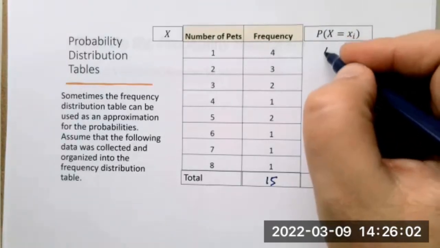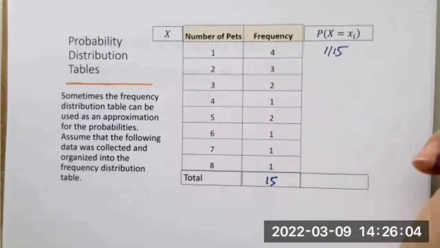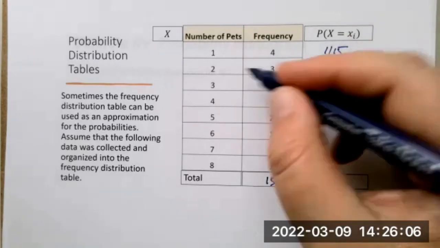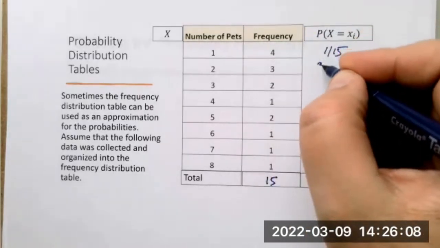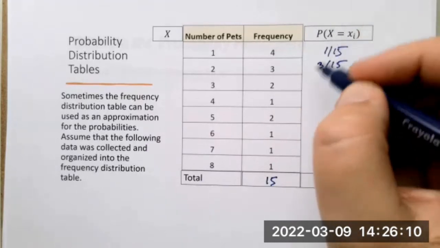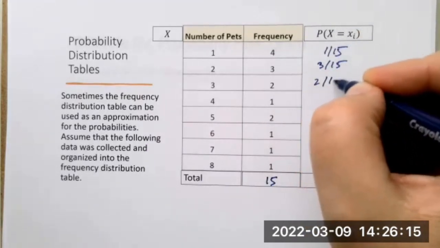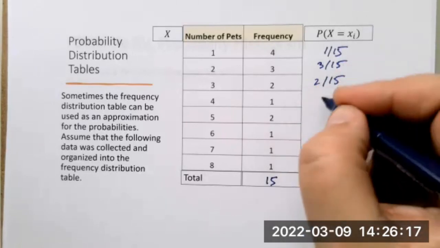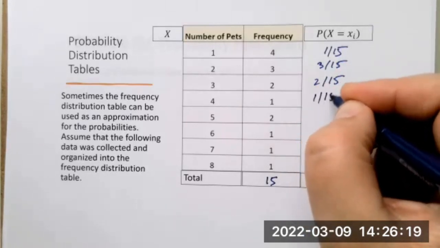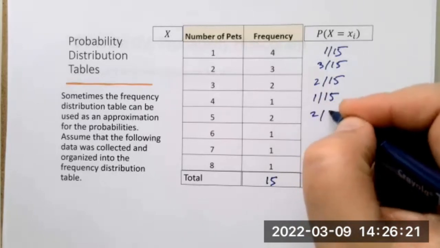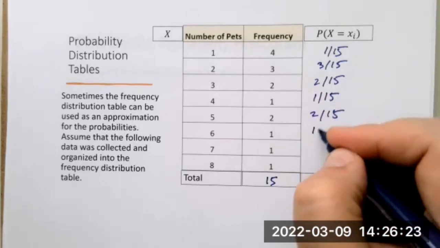Well, that's going to be 1 out of 15. For 2 pets, that's going to be 3 out of 15. For 3 pets, that's 2 out of 15. And then for 4 pets, it's 1 out of 15, and so forth.